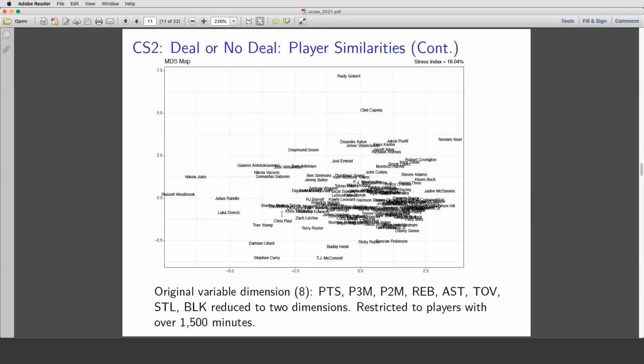There are a lot of different ways to do that, and I appreciate that I'm glancing over this very quickly, but that's effectively what you're doing. If you look at Julius Randle, it looks like he's plotted at 0, -0.5. Whatever he had for these 8-dimensional stats, our algorithm, multidimensional scaling, says if you plot him at 0, -0.5 relative to everyone else, you get some idea of how different or dissimilar he is versus RJ Barrett.